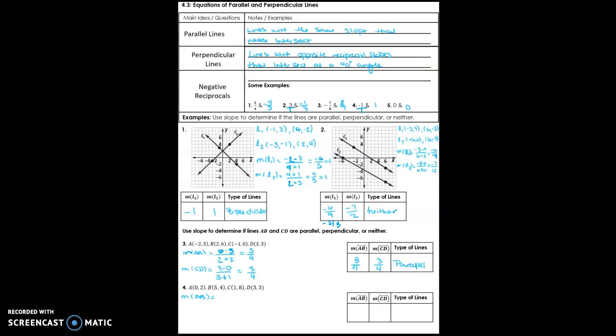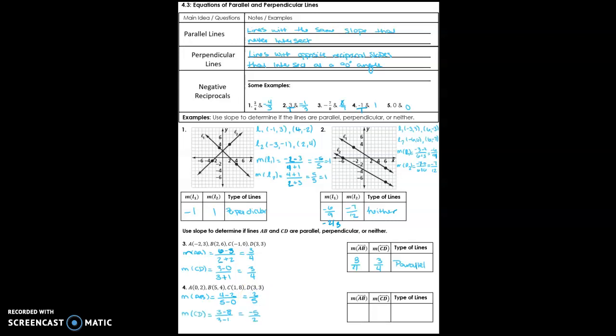All right, so for number 4, what I want you to do is pause the video again, see if you can find the slopes of AB and CD, and see what you get. All right, so hopefully you paused the video and you found that the slope of AB, when you set it up in your equation, you get 4 minus 2 over 5 minus 0, so you get 2/5 here.